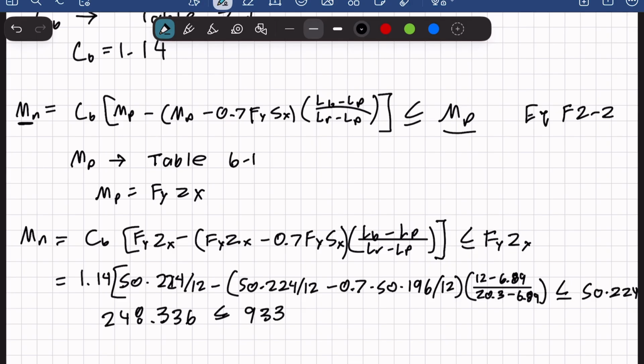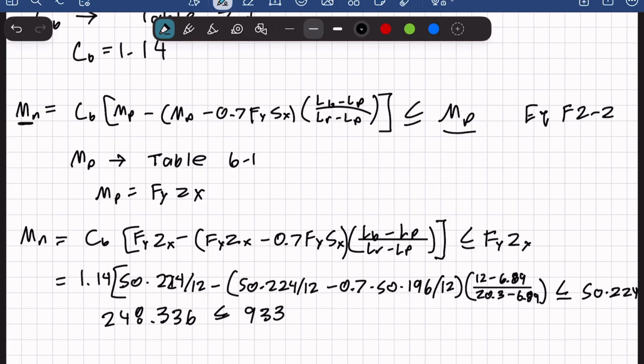So what we can do, if these numbers seem a little bit suspicious to us, is go to Table 6-1 and look at what the strength of the member is at that length and see whether these numbers check out. So the numbers that I'm seeing right now don't really check out for a member of 12 feet, so this is why I'm going to go back now and check my calculations. So Cb is 1.14. If anything, that should have raised this value, and it didn't by that much.